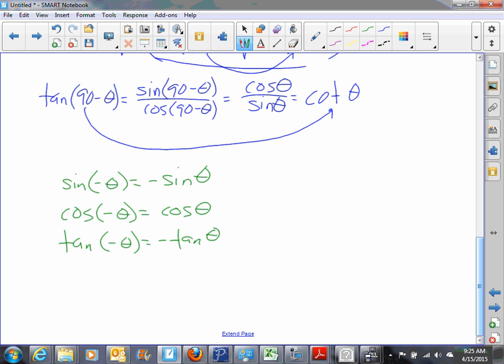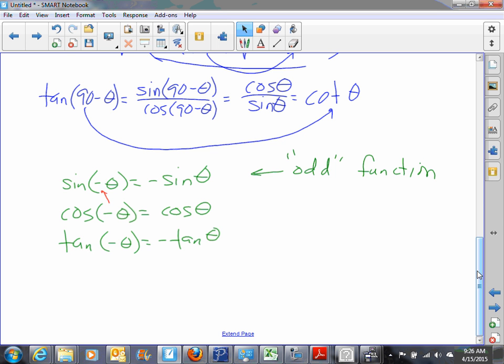Now, what this means is that the sine is what we call an odd function. You see, an odd function is one that when you take the functional value of the negative of an input, you get the negative of the functional value of the input.